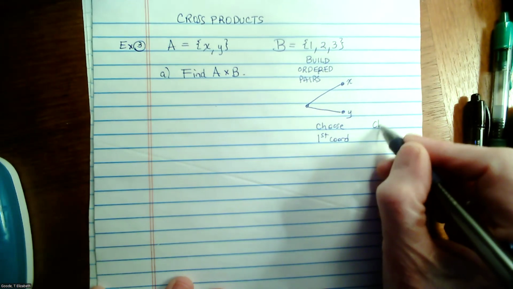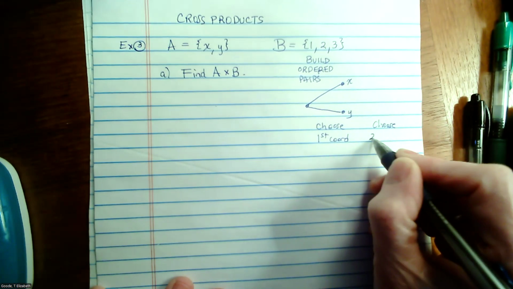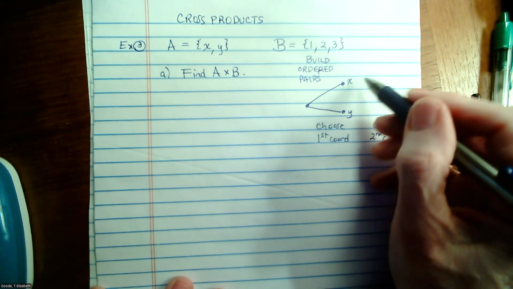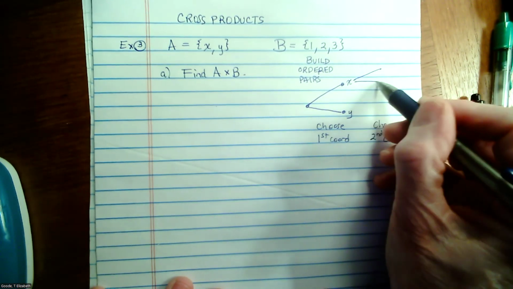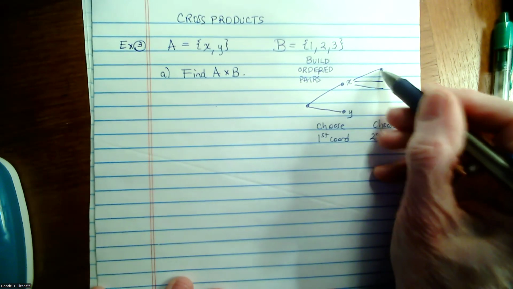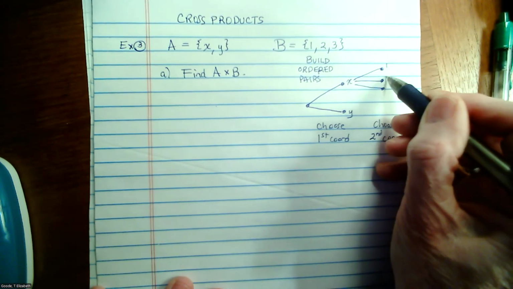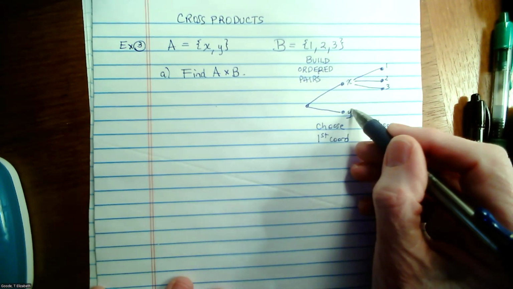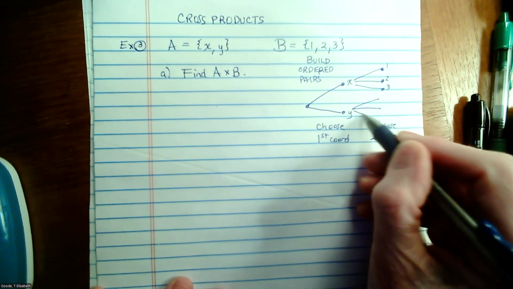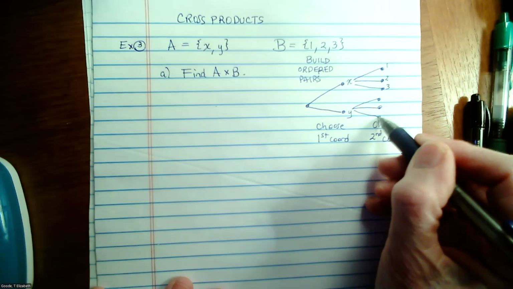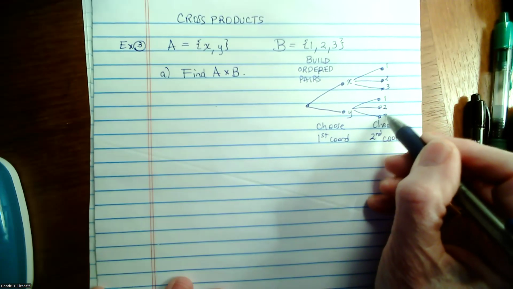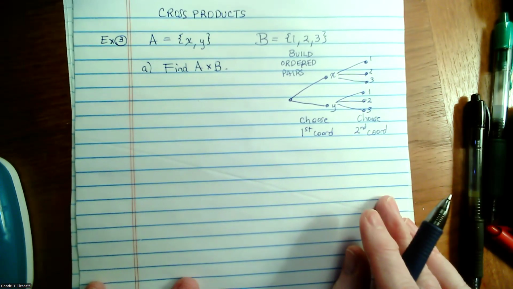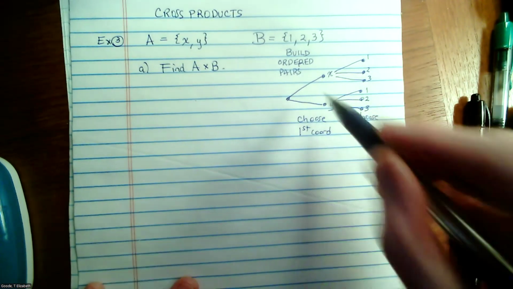Then we have to choose a second coordinate. Well, if we've picked X for our first coordinate, we could pick 1, 2, or 3 as our second coordinate. If we picked Y for our first coordinate, we could still pick 1, 2, or 3 as our second coordinate. And then that means there are 6 different ways to build ordered pairs.